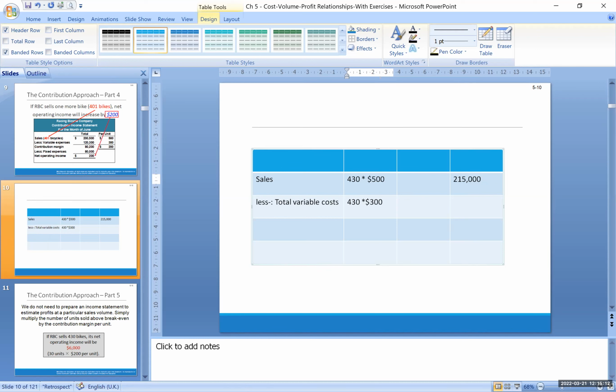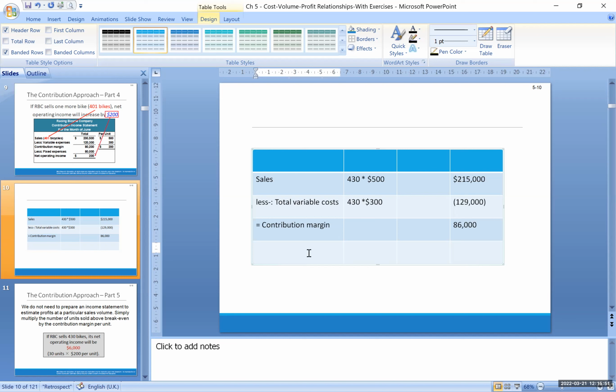So 430 times 300 equals 129,000. This will be deducted from the 215,000 sales, and the difference equals the contribution margin, and the answer will be $86,000.